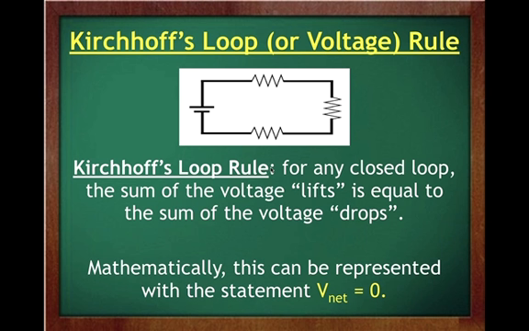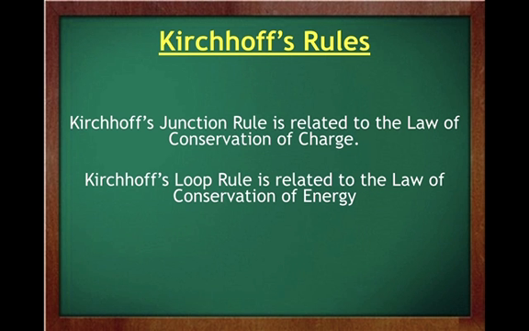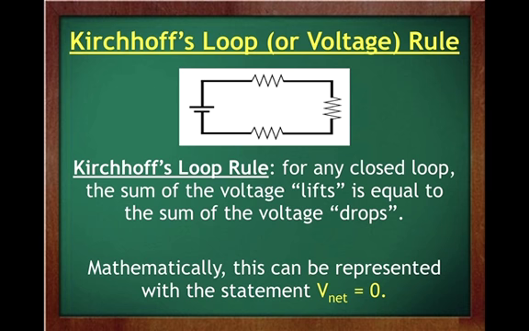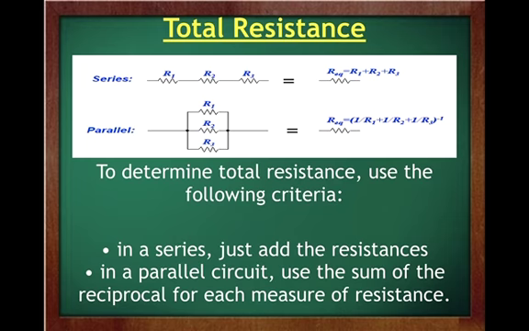So basically all of the voltage and potential energy is used by the time it finishes its circuit. Now, as mentioned, the junction rule that we first talked about is related to the conservation of charge, and Kirchhoff's loop rule is related to the law of conservation of energy. So saying that everything here is going to be used shows that all energy is conserved, okay?